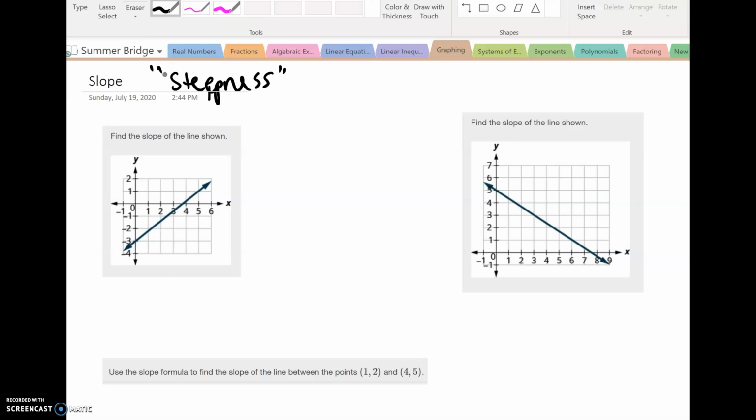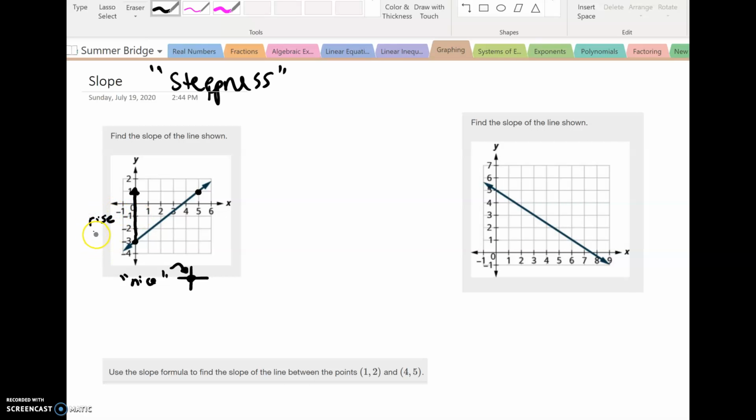So basically, the way we see slope is from one point to another nice point, okay? And a nice point is where the corners meet. So that would be a nice point. So I found two nice points, and then we're going to talk about how much you're rising to get to the other nice point.